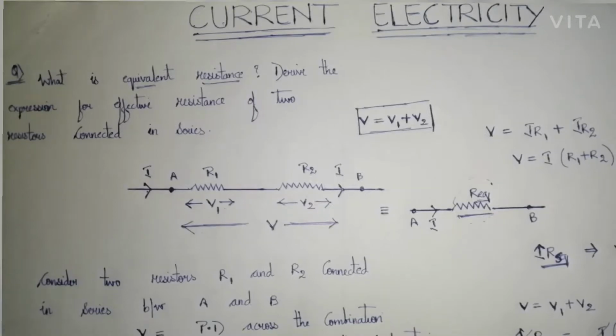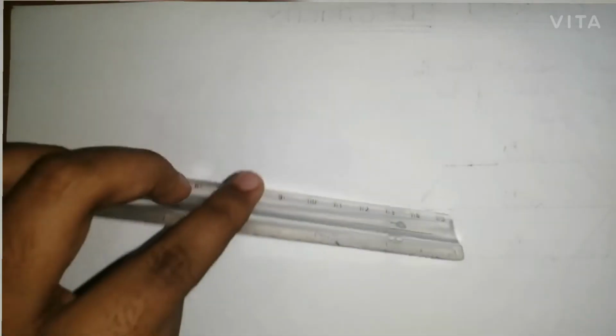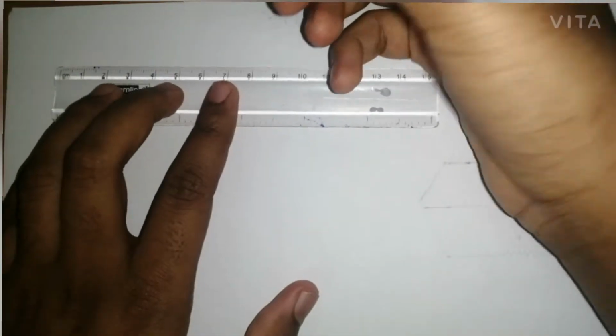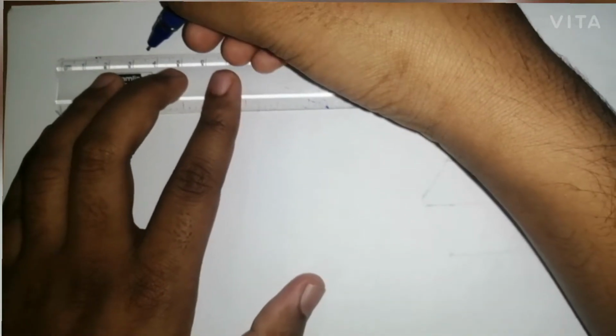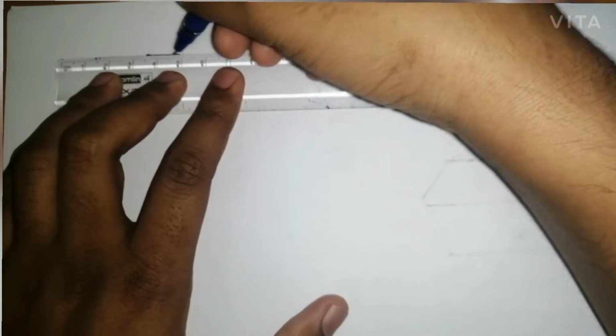So today we'll be doing a derivation on resistors in parallel. So let's start. First you have to draw two resistors connected in parallel.